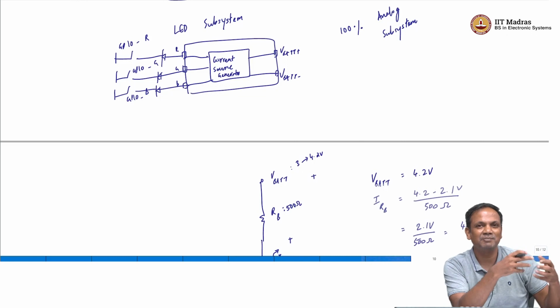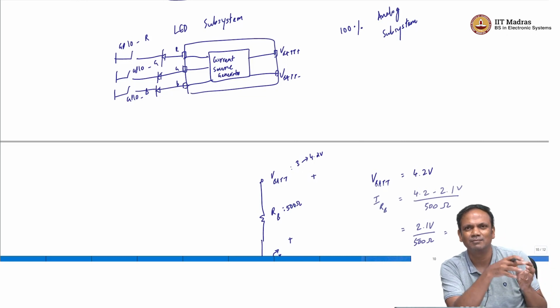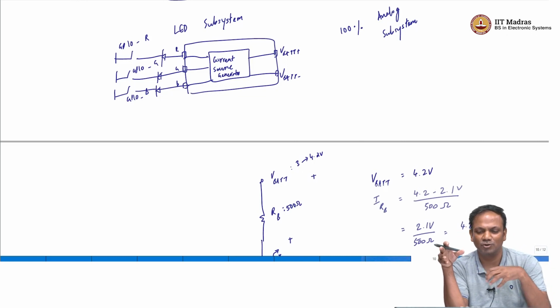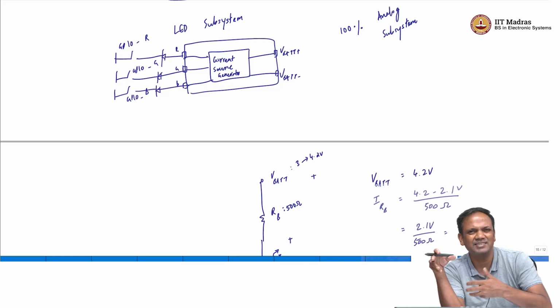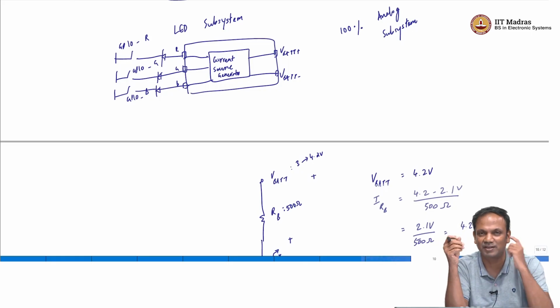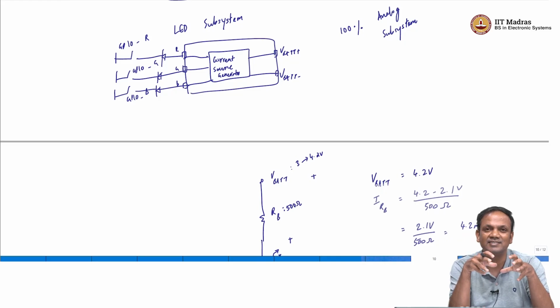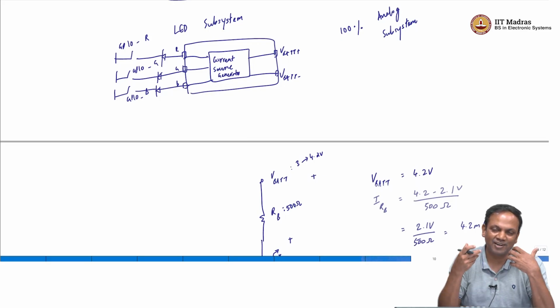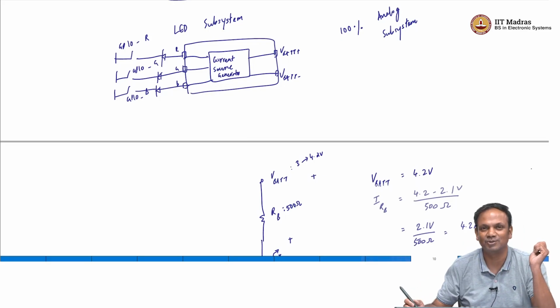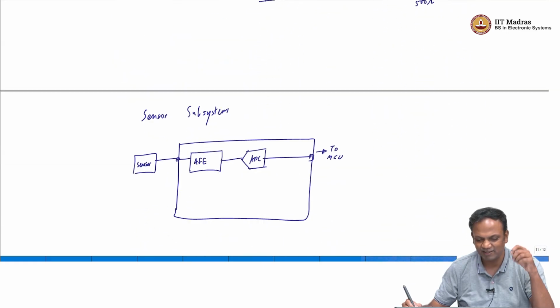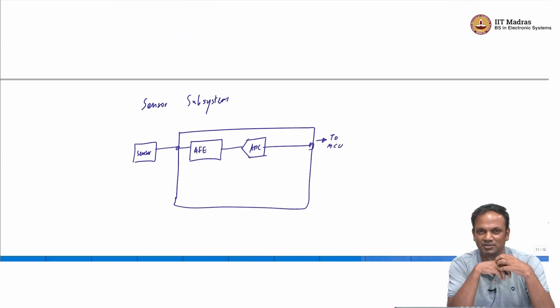All of us want the very best of everything for the user, but that also comes at a cost. And you can think of these as simple examples illustrating that point. So, an LED intensity that does not change with battery voltage comes at a cost. Now, is it worth that cost? Again, a call for the embedded system engineer to make. And finally, we talked about the sensor subsystem, right.